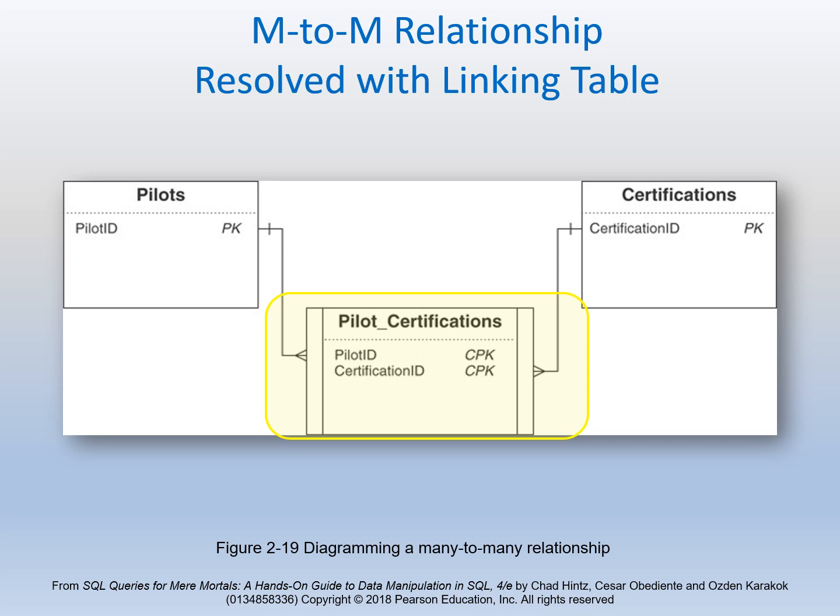Therefore, we create a linked table, and now we have a one-to-many from pilots to pilot certifications, and we have a one-to-many from certifications to pilot certifications. The unique relationship is in the linked table for pilots and their certifications.